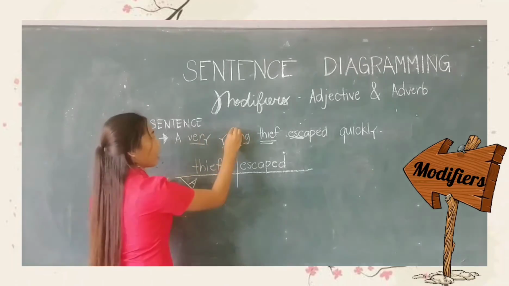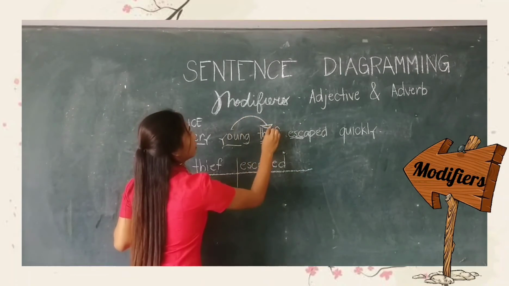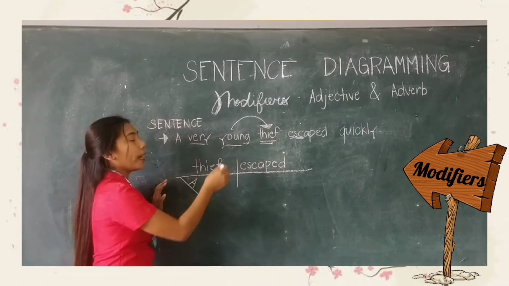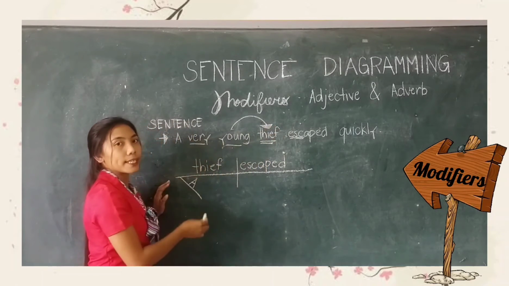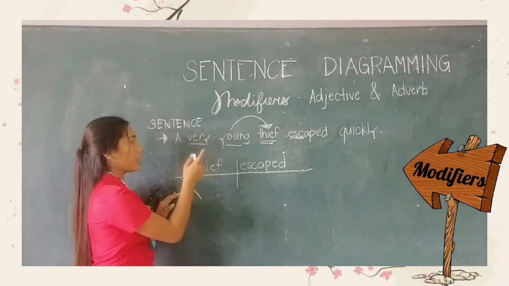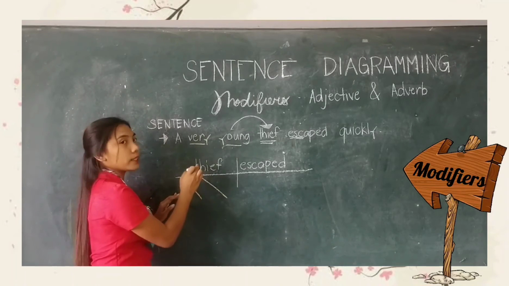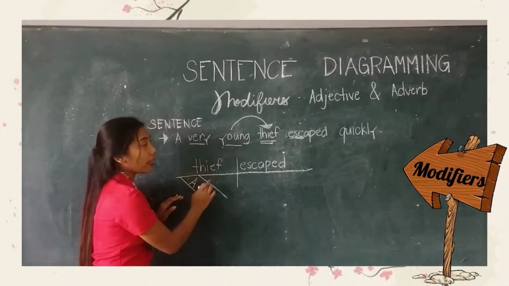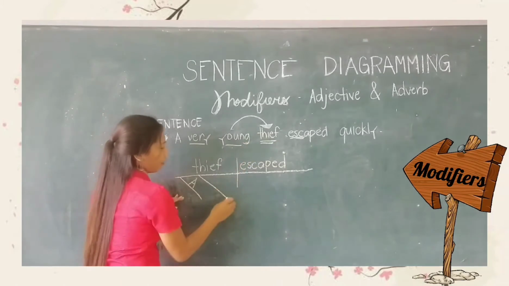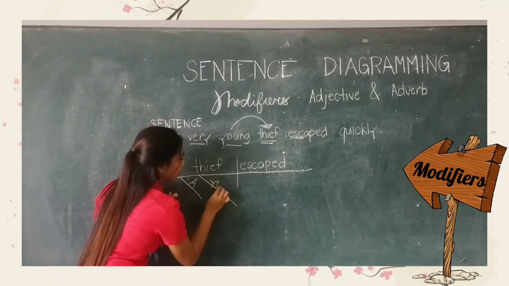Therefore, the word young modifies our subject, which is the thief, and it is considered an adjective, and as I said a while ago, it must be written on a slanted line under the word it modifies. So let us write young here.